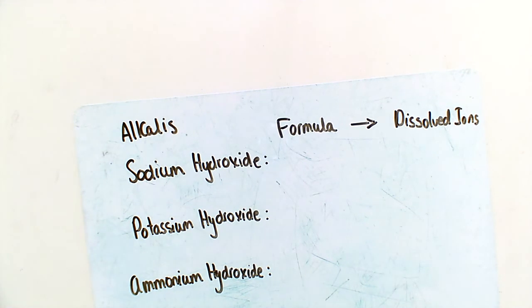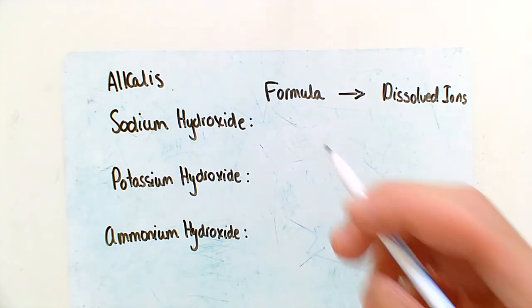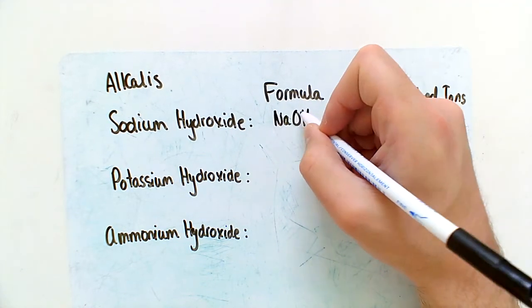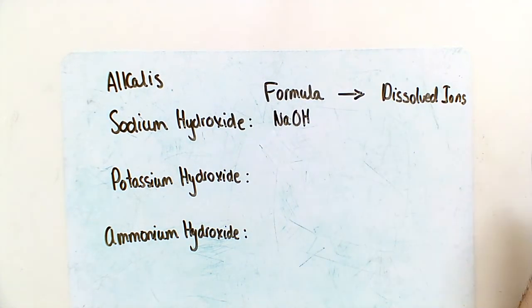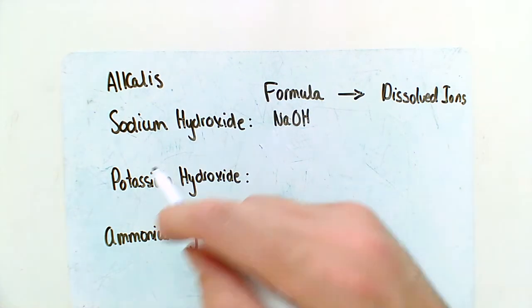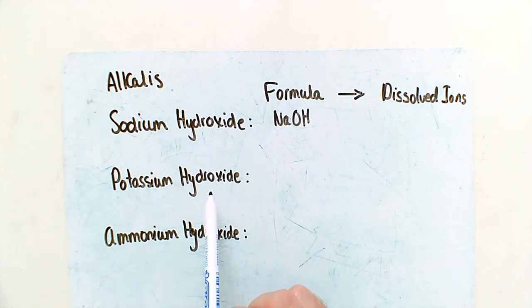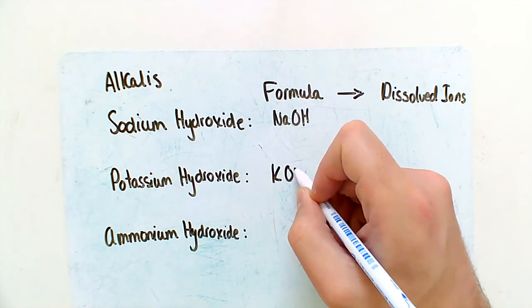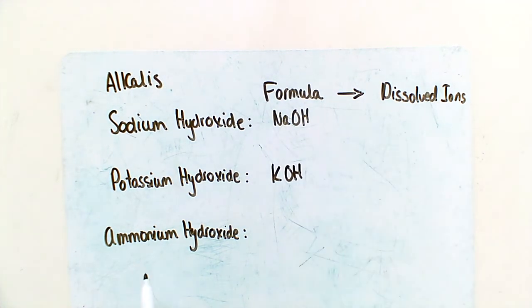Now, sodium hydroxide, the chemical formula is NaOH. That's because hydroxide has a valency of 1, sodium has a valency of 1, so 1 each. Potassium hydroxide, potassium has a valency of 1, hydroxide has a valency of 1, so KOH. Ammonium, you need to look at page 8 of the data booklet.